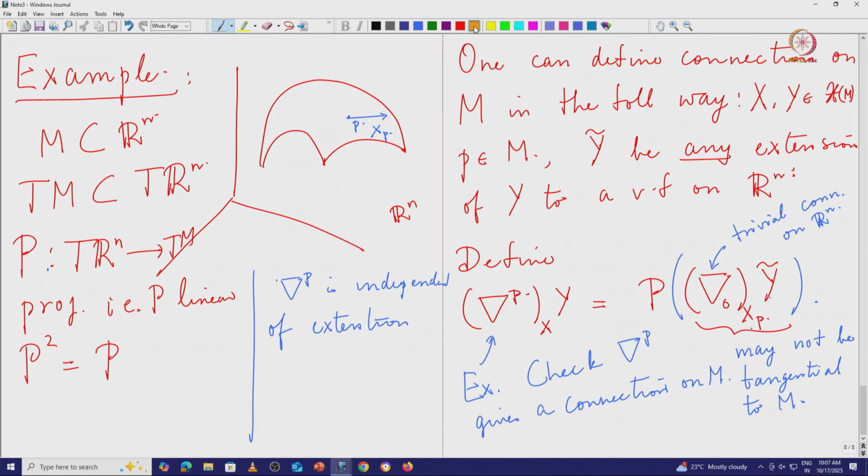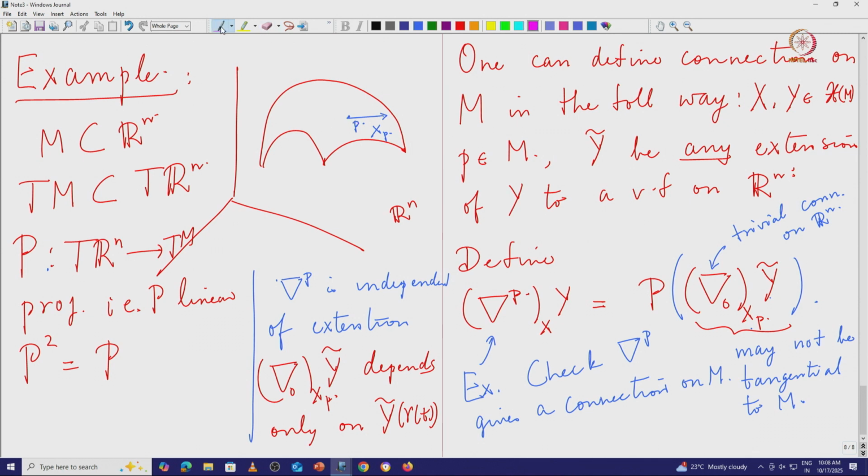Why? Because recall that this depends only on the values of Y tilde along an integral curve of X, right? But because X_p is tangential to M, you can always pick an integral curve that remains tangential to the surface, right?